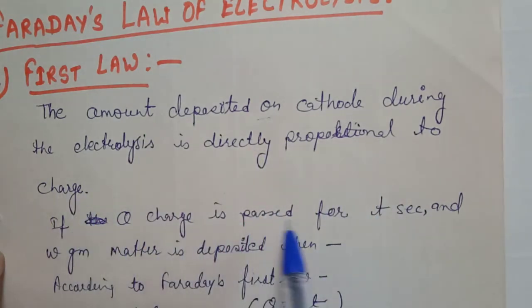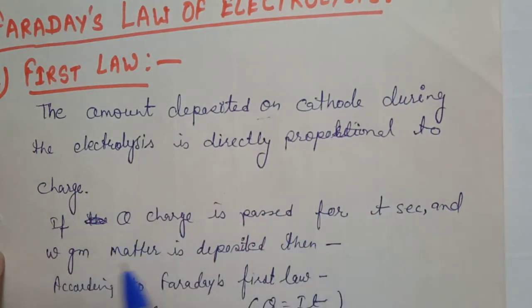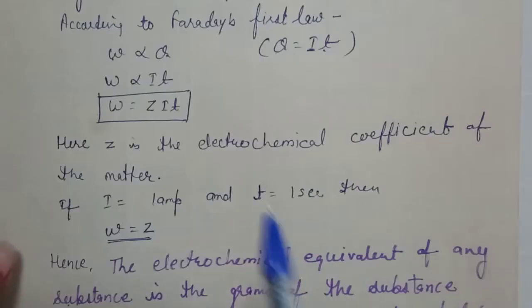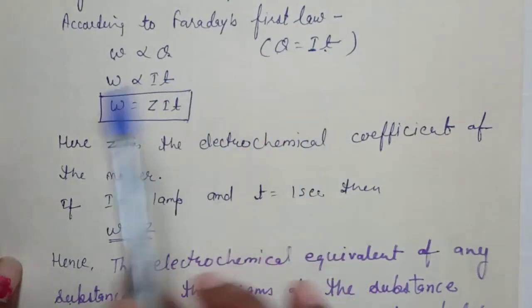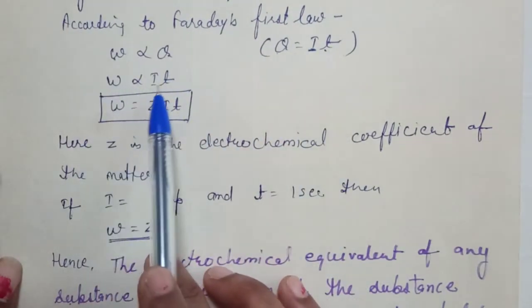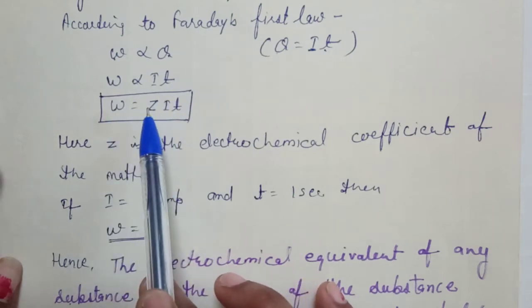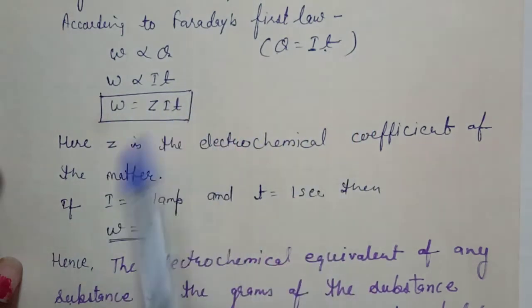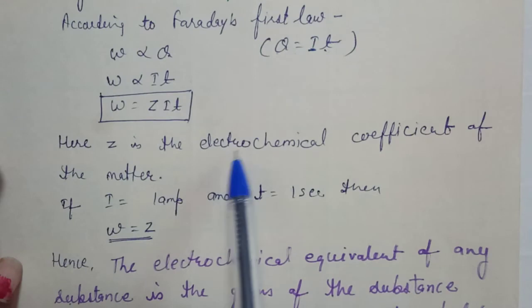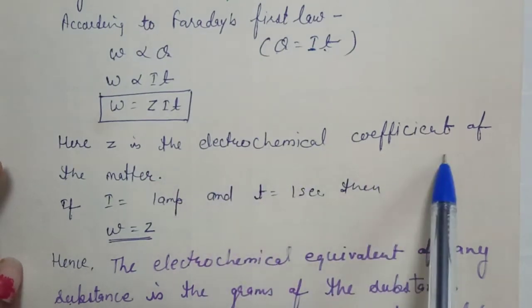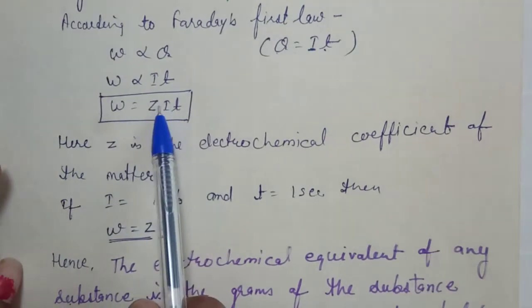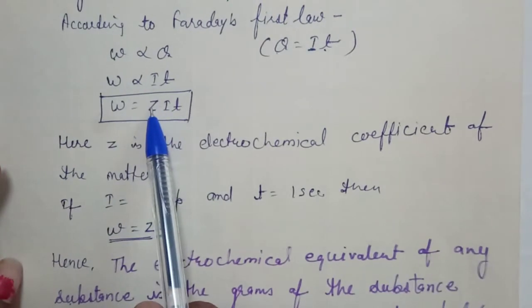If charge Q is passed for T seconds and W grams of matter is deposited on the electrode, then according to the first law, W is directly proportional to Q, but Q is equal to IT. So W is directly proportional to IT, or W is equal to ZIT. Here Z is the electrochemical equivalent of the matter. It is a characteristic feature of the matter.